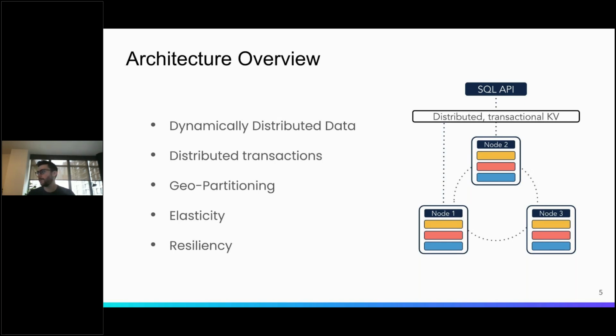In the parlance of the CAP theorem, Cockroach is a CP system, and so it's going to favor consistency over availability when that trade-off comes up. But in replicating and using quorum writes, it tries to provide availability whenever possible. And so data, as we'll see in a coming slide, is replicated across multiple nodes in the system.